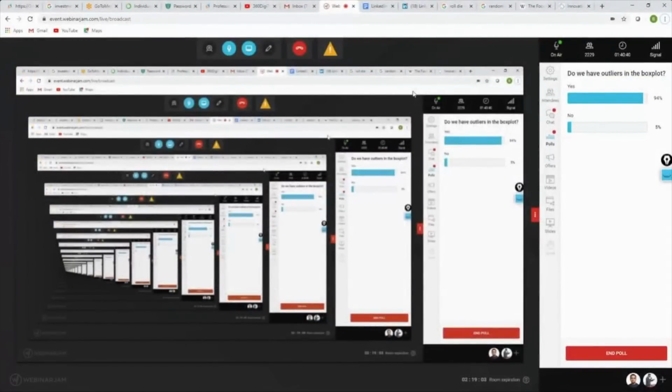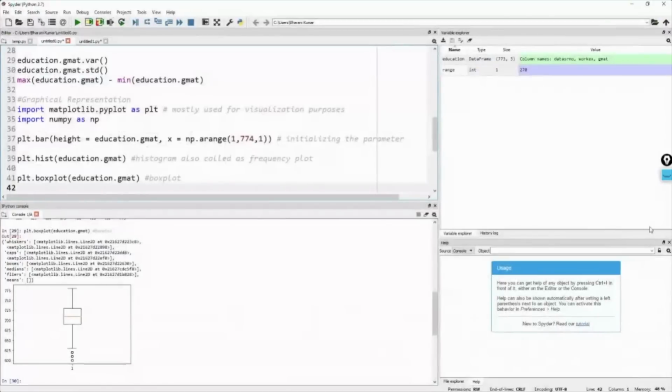Okay, wonderful. 94% of y'all are saying yes. You're right. There are outliers in this data set, and these are the outliers. These are called outliers. So you have outliers, so you need to analyze the outliers and decide what to do with that outlier.